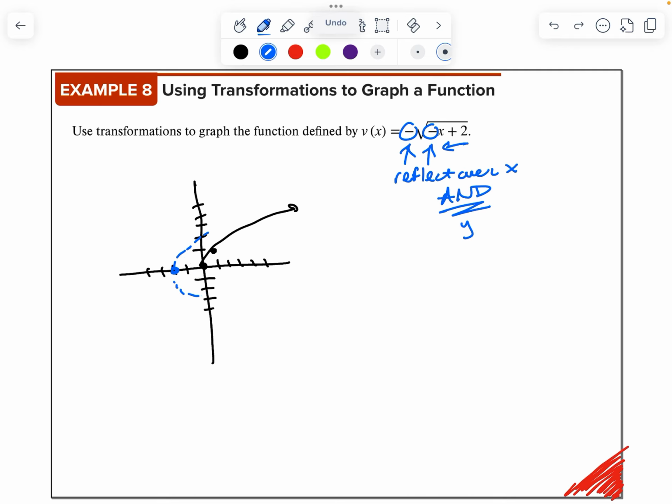We're going to go in the exact opposite direction. So instead of going up and right, we're going to go down and left. I totally missed that point. Down and left. That's what our new graph is going to look like. V of x equals negative square root of negative x plus 2.